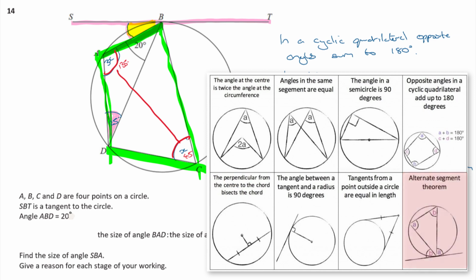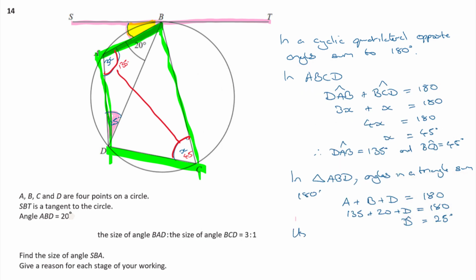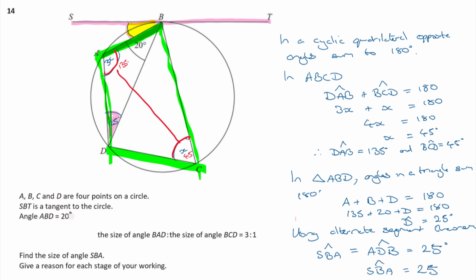It's the 25 degrees. So using alternate segment theorem, I'm going to say then that angle SBA equals angle ADB equals 25 degrees. In other words, angle SBA is 25 degrees.